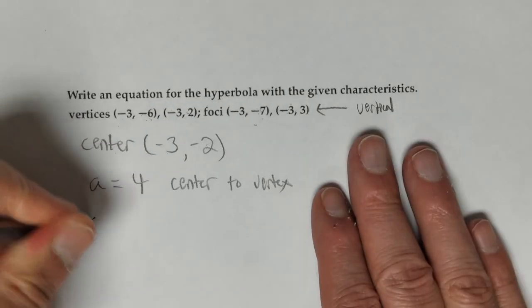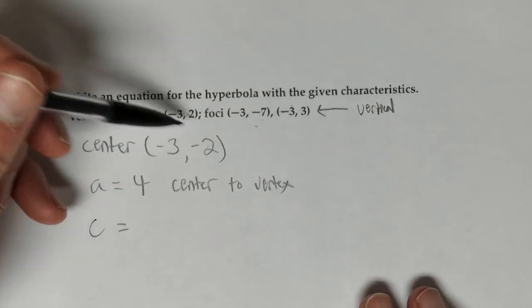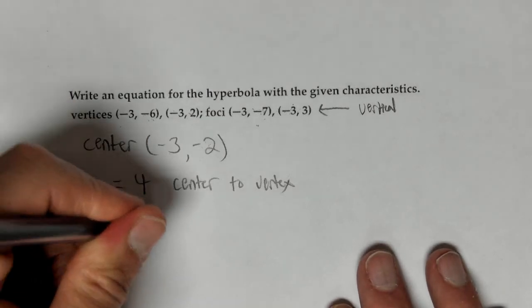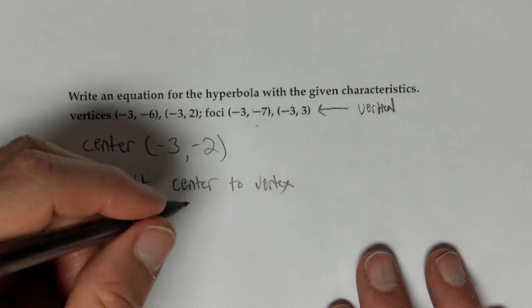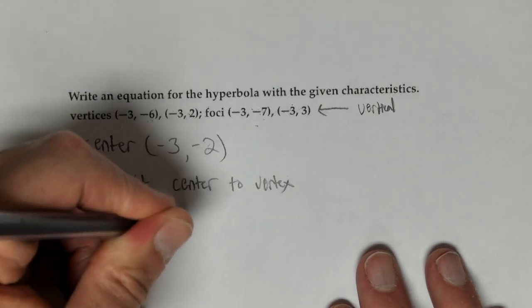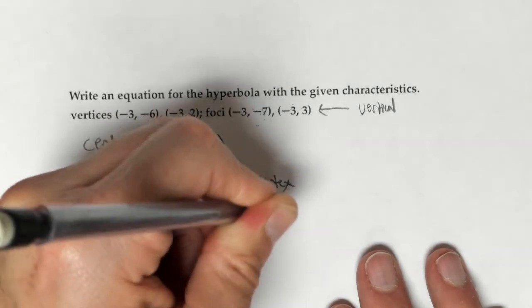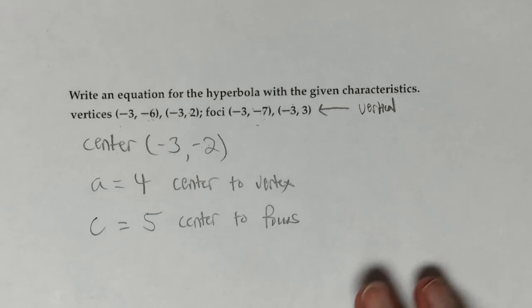And so we can get the c because we have the focus. So from center to focus, that's from -2 to -7, and so that's a change of 5. And if you check the other focus, -2 to +3 is also 5. So it matches up. Remember, that's center to focus.